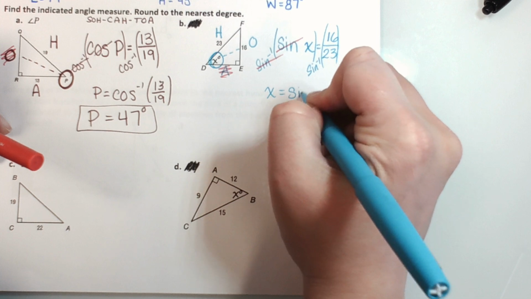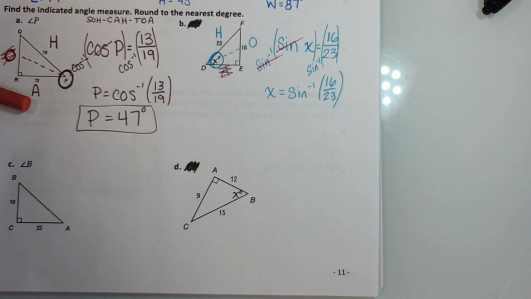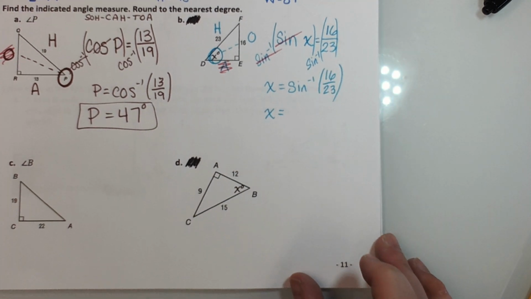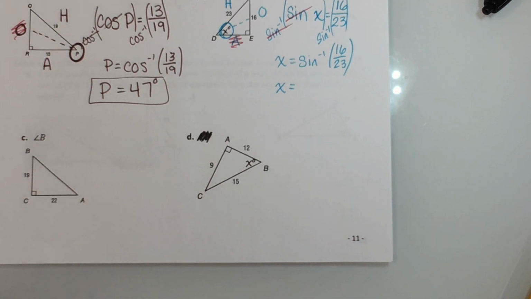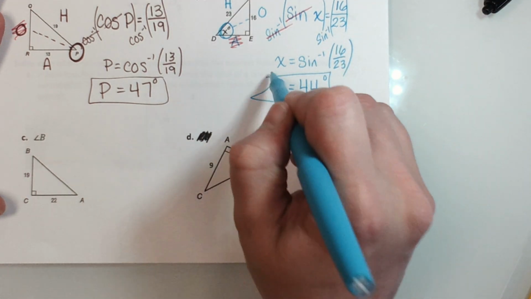X equals whatever sine inverse of 16/23 is. Avery, what is sine inverse of 16/23? 44.